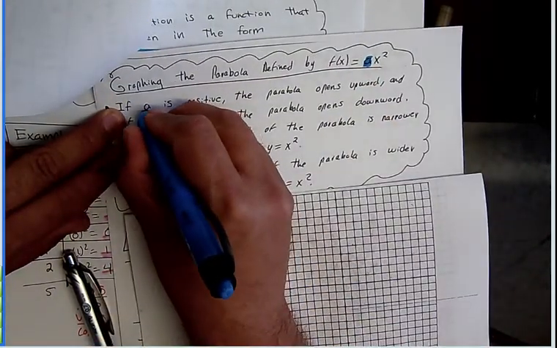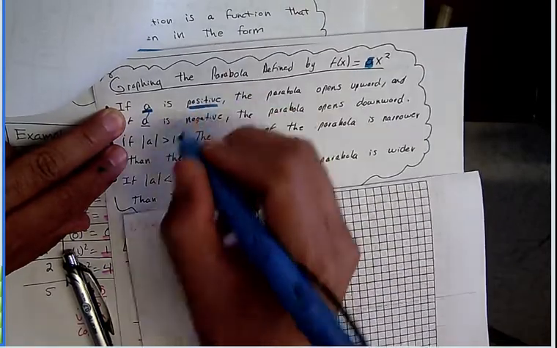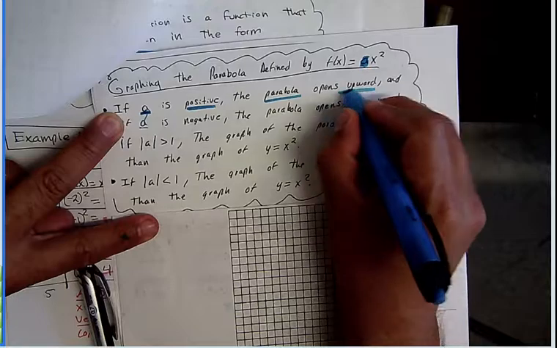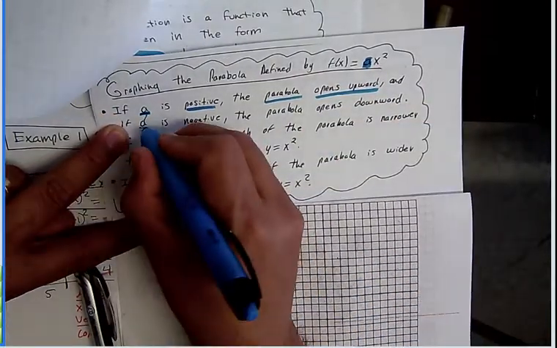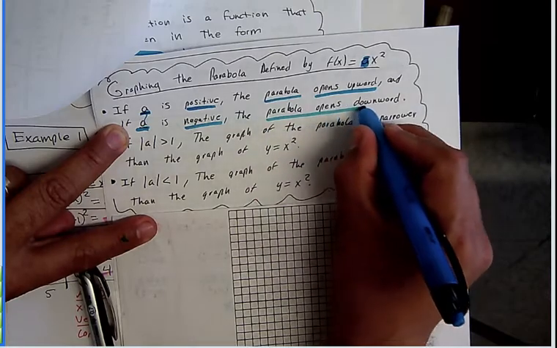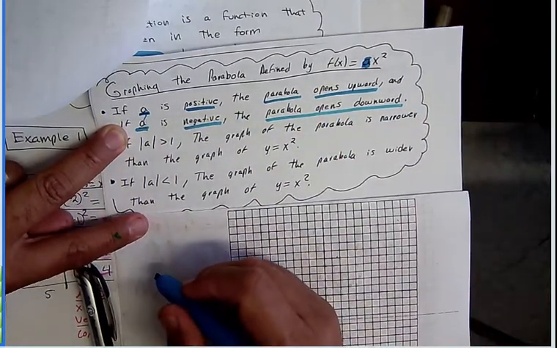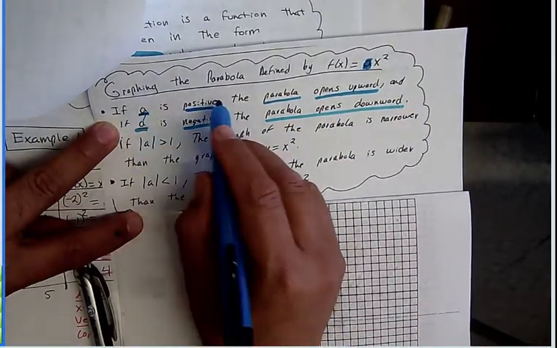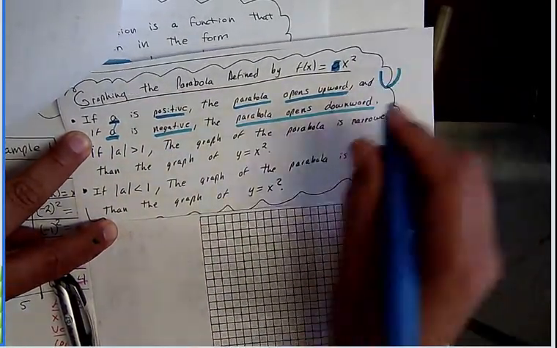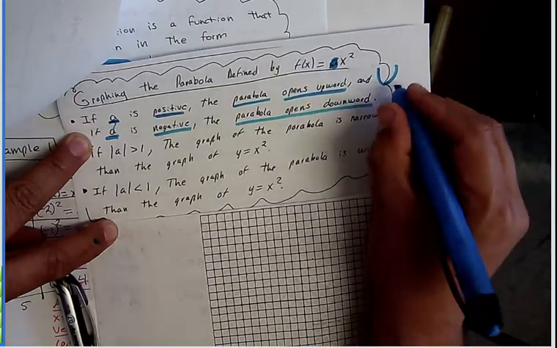And if the a is positive, you guys, the parabola will open upward. If the a is negative, the parabola opens downward. Those two things. Positive, it's going to open up like that. If this a is negative, it's going to open down like that.